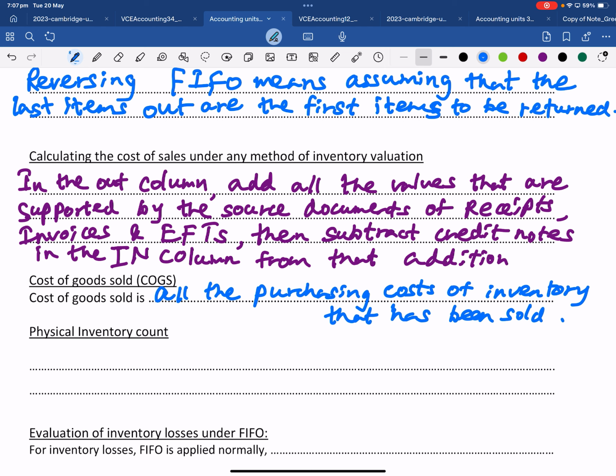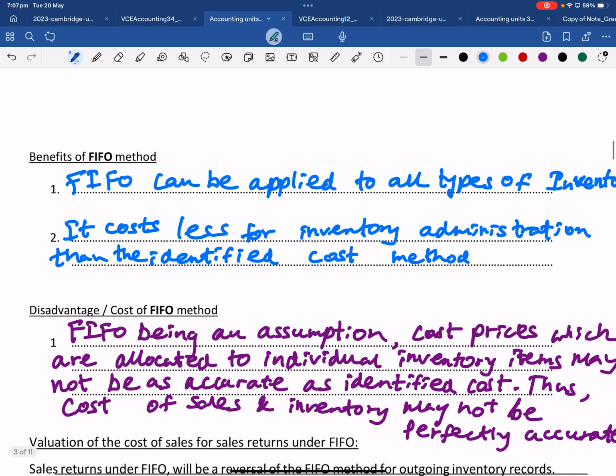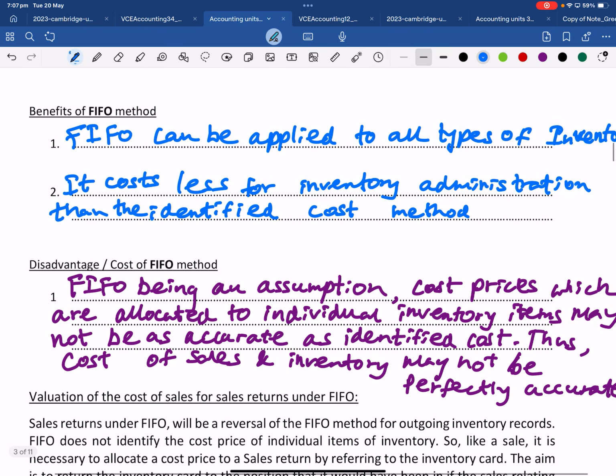So those are the ones that we consider as any other buying expenses. Don't worry about the costs right now because we are doing it again in the next lesson. Physical inventory count also, you know. You guys are okay with the main points.